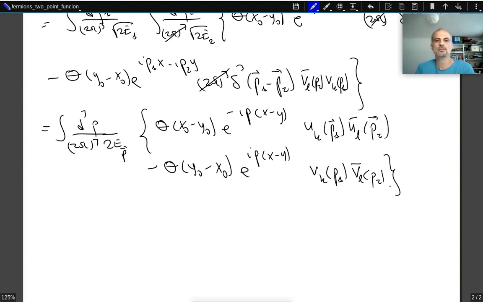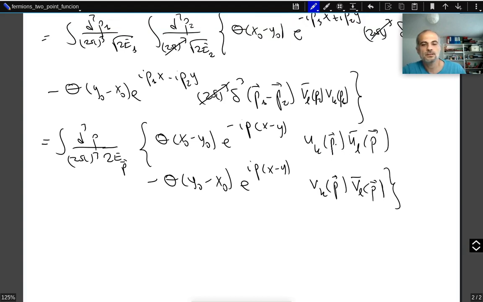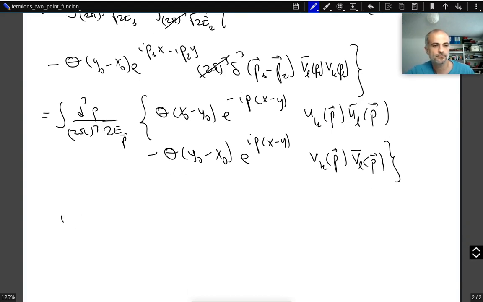Now to proceed with our computation, everything is p now. I need these matrix elements, so let's just go ahead and calculate them.